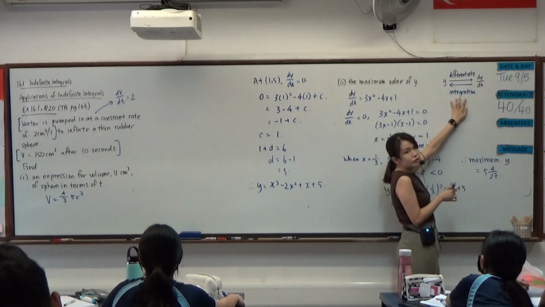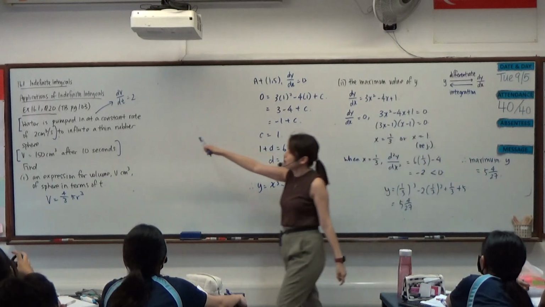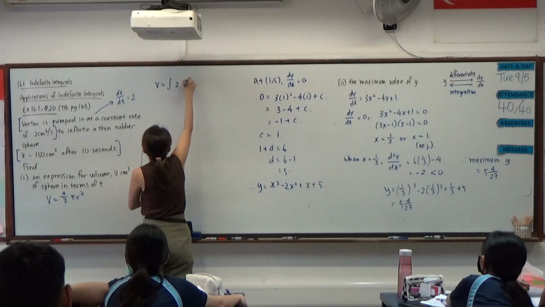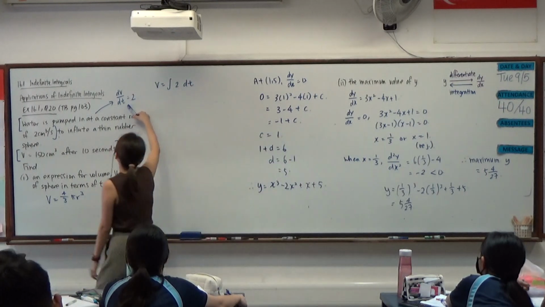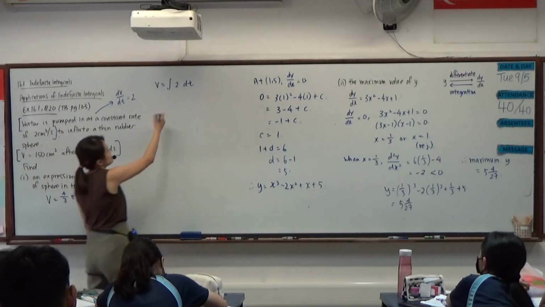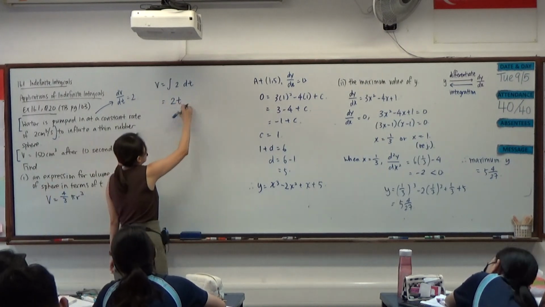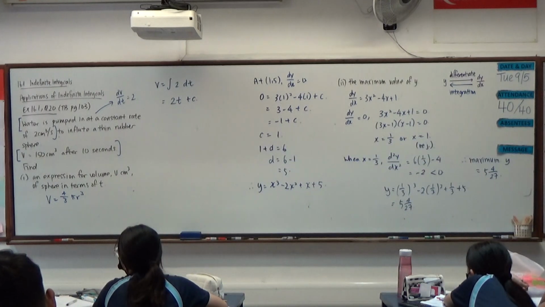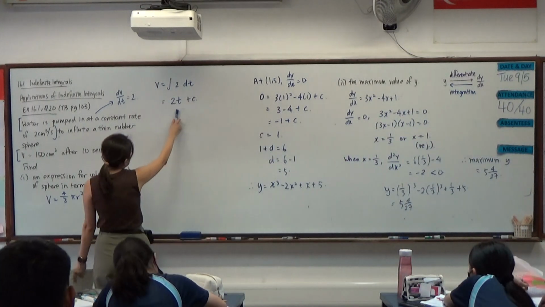Normally I'm integrating with respect to x, but over here I will integrate with respect to t because this is dV over dt. So when I integrate the 2 itself, it is just a constant number, we will get 2t, and not forgetting plus c. And that will be how we find out the volume in terms of t.